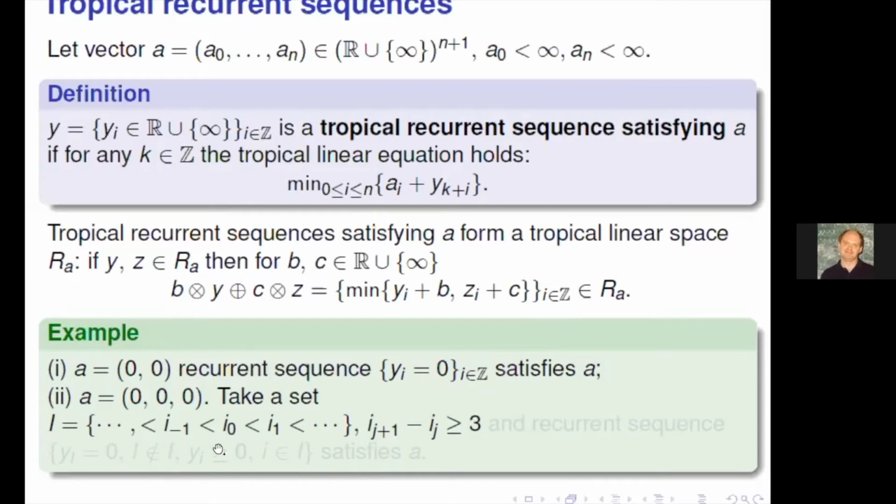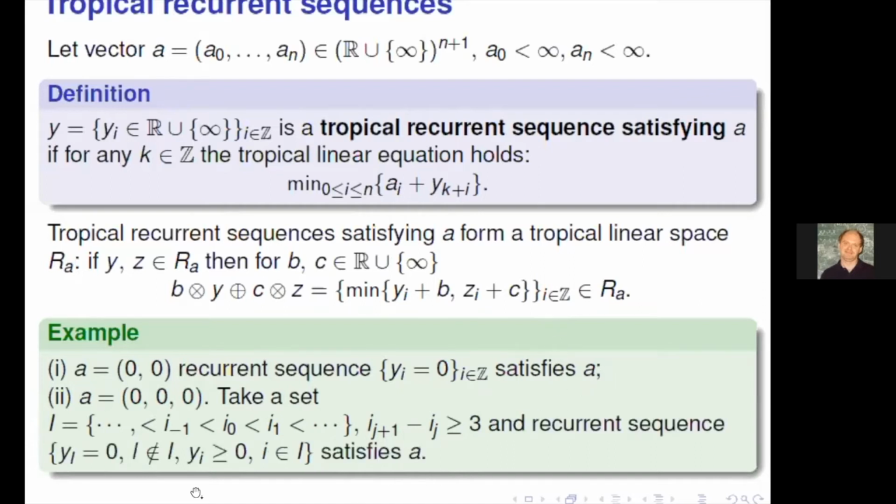So what you can do, consider any sequence of indices I0, I1, and so on, in both directions, with the condition that the difference between two adjacent is at least 3.